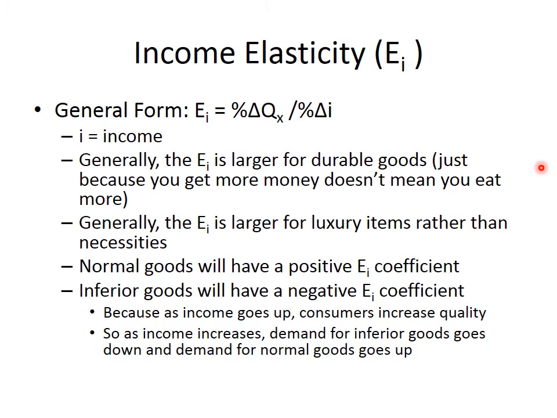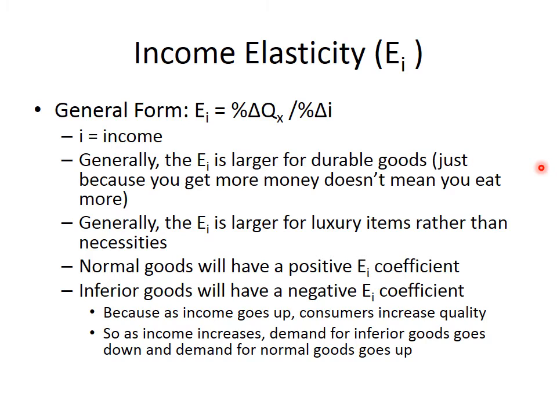Now, on to income elasticity. We know from our discussion in Lecture 3 that if we change income, we're going to shift the demand curve. We're going to change the amount of demand. The question we're going to answer now is, for a percentage change in income, for whatever we change income, how much of a change in demand is there going to be?